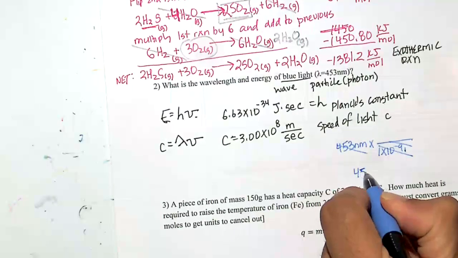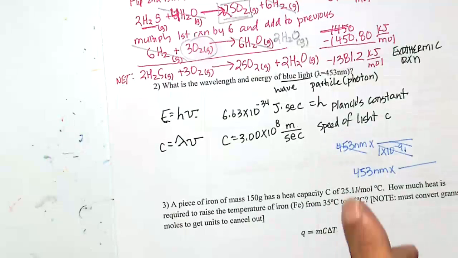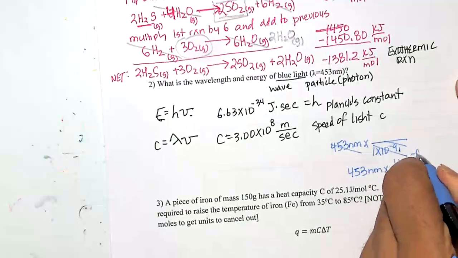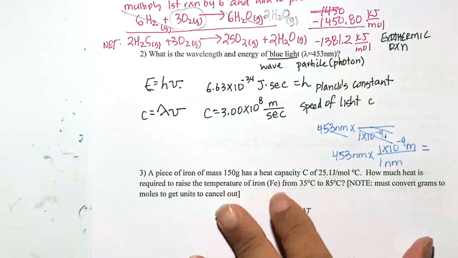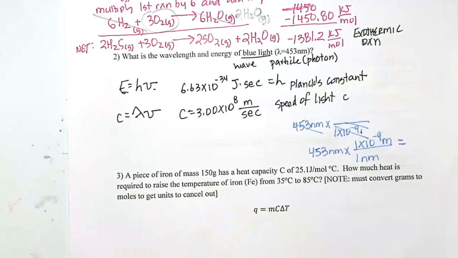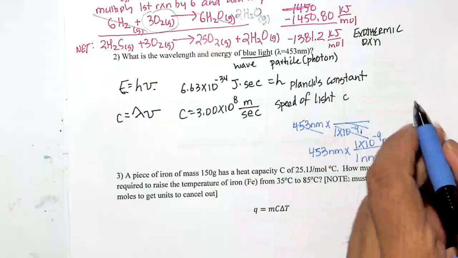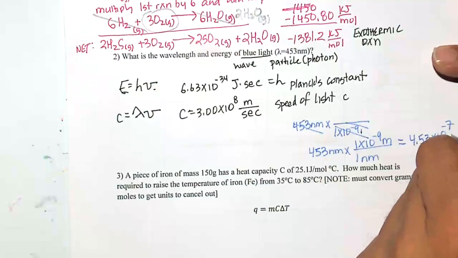Nano is 10 to the minus 9. So 1 nanometer is 1 times 10 to the minus 9 meters. So what's 453 times 10 to the minus 9? It's going to be 4.53 times 10 to the minus 7 meters.